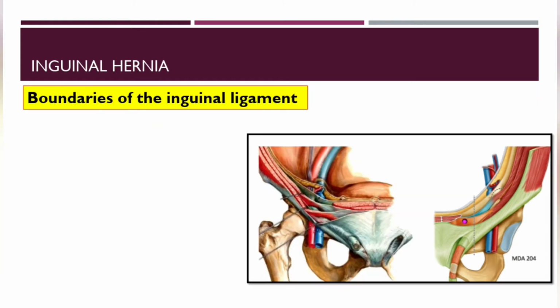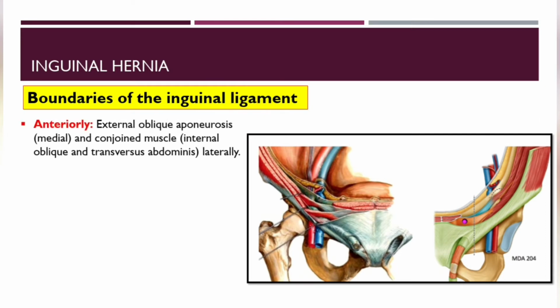Boundaries of the inguinal canal, not inguinal ligament. Anteriorly, there is the external oblique aponeurosis, which is medial and conjoined muscle, that's the internal oblique and transversus abdominis, laterally.